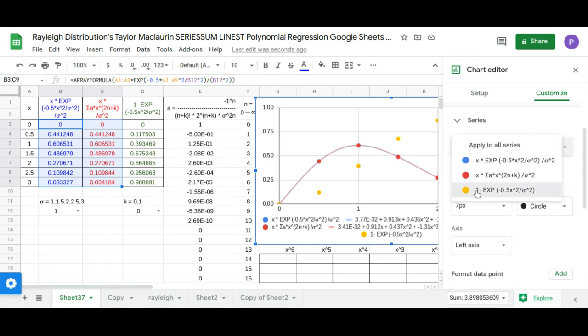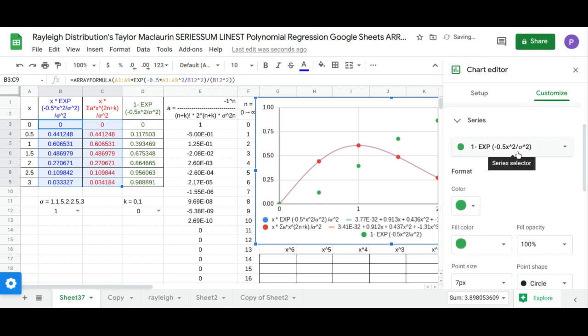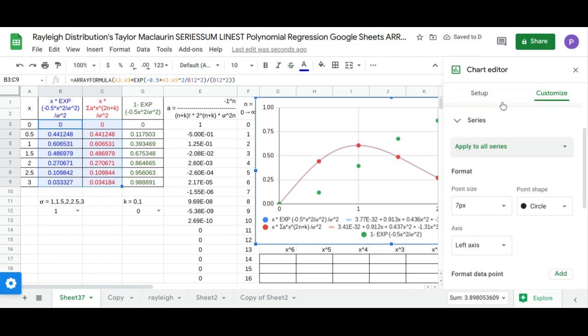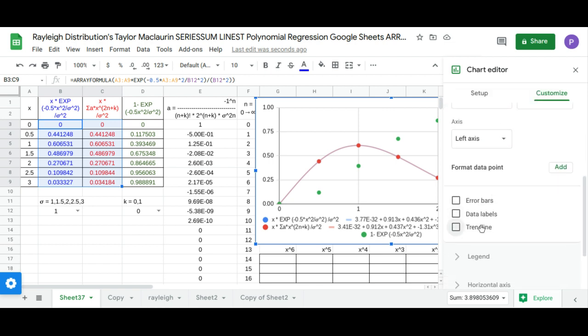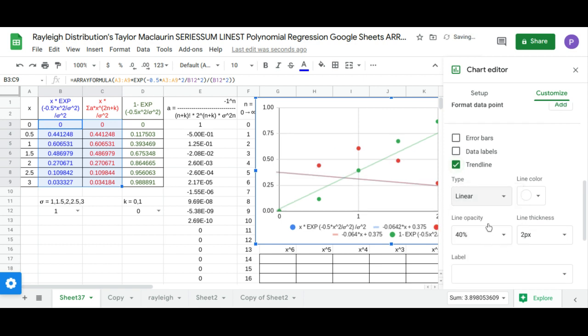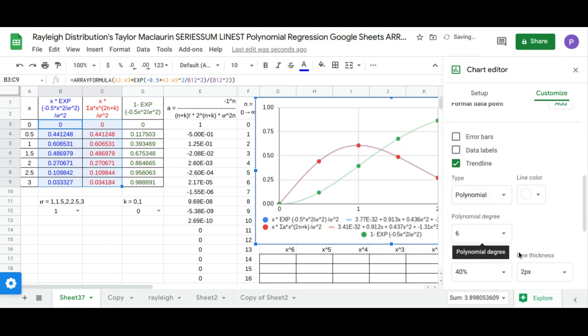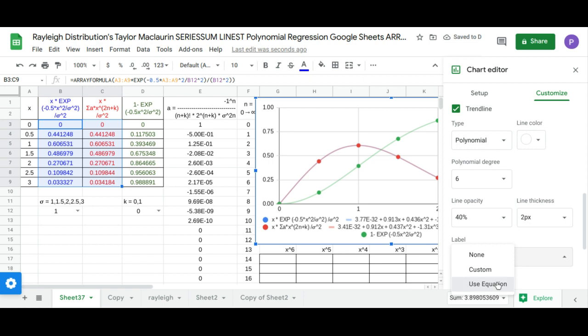We don't have a yellow, so we change this color to green. And for all the series, show the trend line, polynomial to the 6th degree, and show the equation as label.